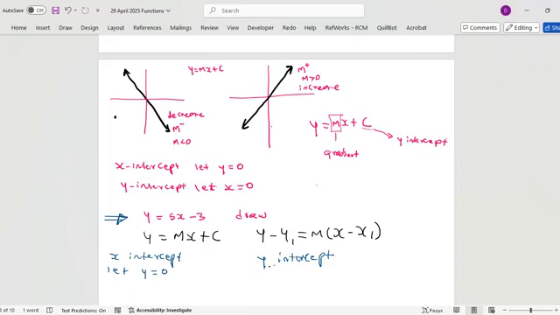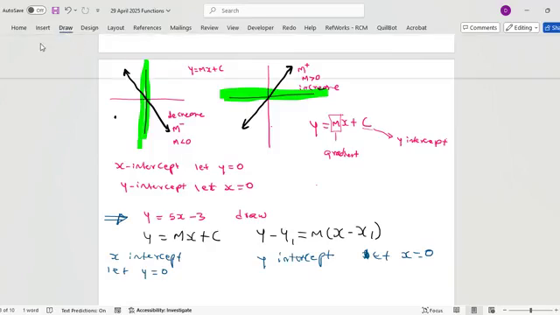And for you to get the y-intercept, you need to say in space of x, let there be 0. Like I explained last time, guys, on the y-axis, the value of x is 0. On the x-axis, the value of y is 0.